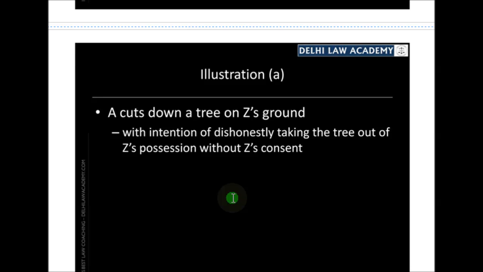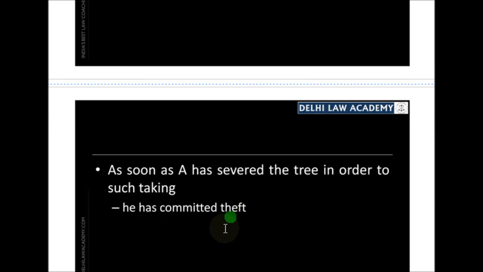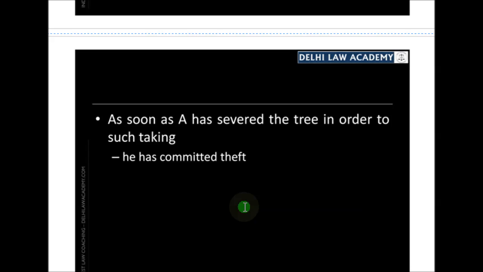Even though the property has not been moved, even though the tree has not been moved out of Z's ground, still the mere act of cutting the tree amounts to theft as per the Indian Penal Code, because the code says that as soon as A has severed the tree, in order to such taking, he has committed theft.